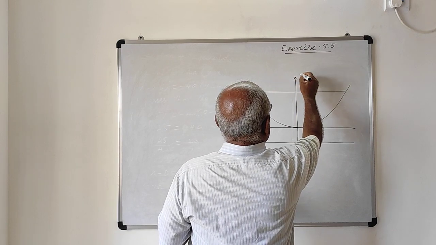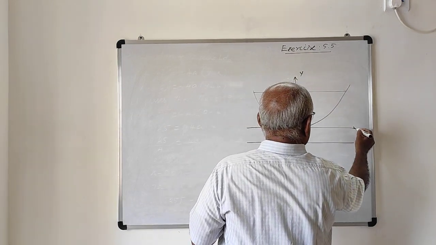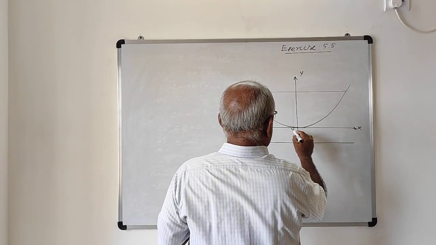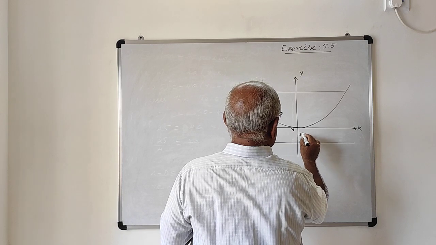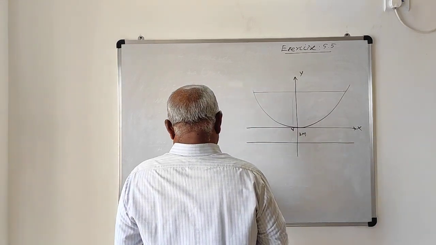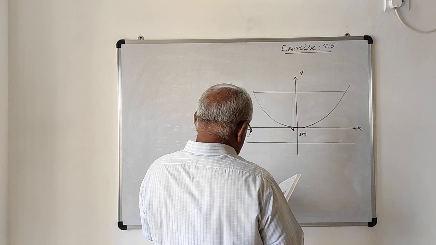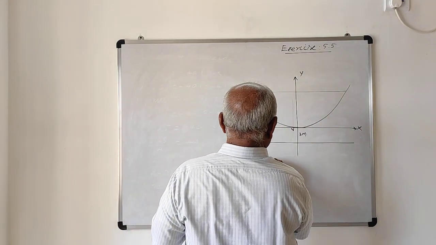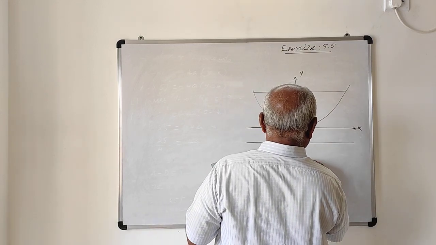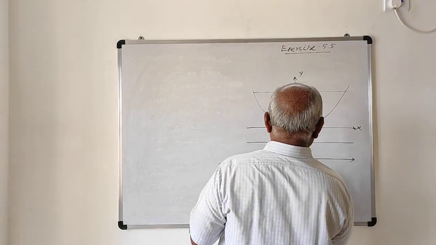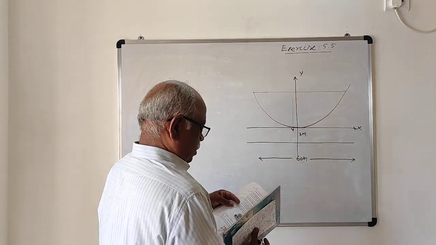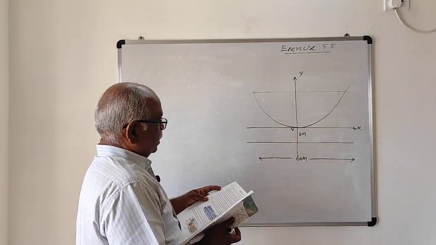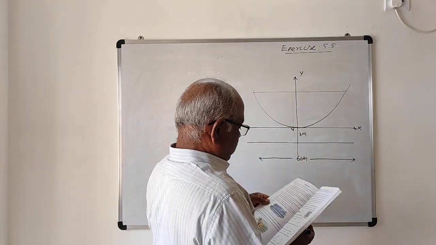You consider this as y-axis and this as x-axis and this is your vertex. Parabolic cable of 60 meter portion. This is 60 meter. This cable is 60 meter.